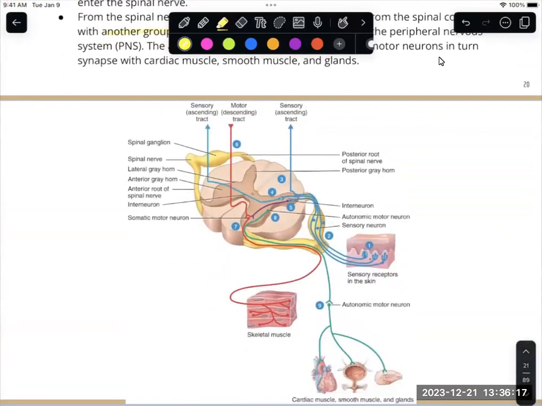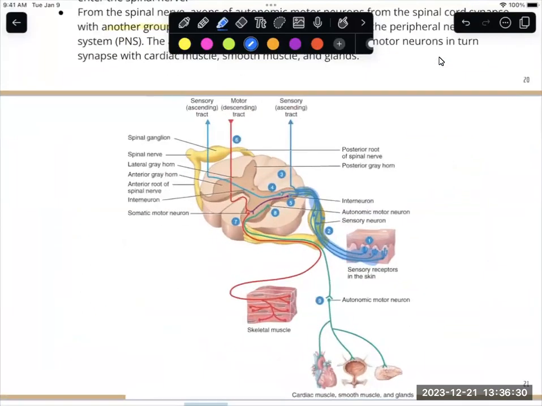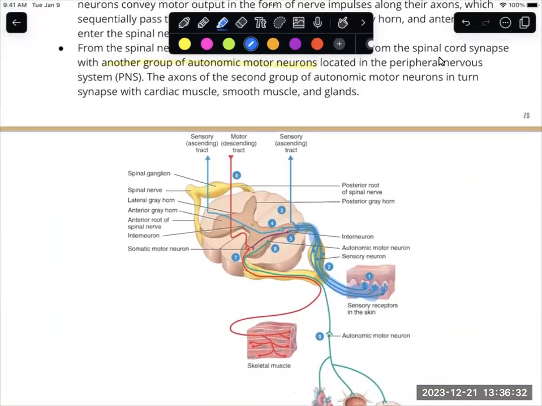So this shows all of the different options. We have these sensory inputs from your skin in blue over here. The sensory information goes in through the back of the spinal cord, and it can go one of three directions. It can go straight up. It can cross to the other side to the white, go up, or it can go into the spinal cord and process through an interneuron.